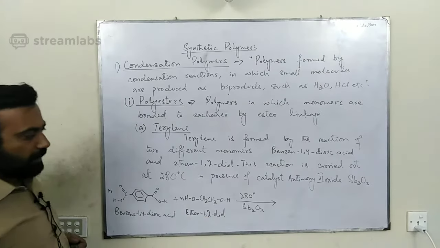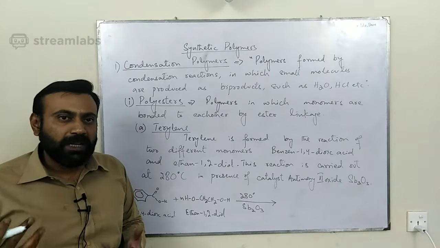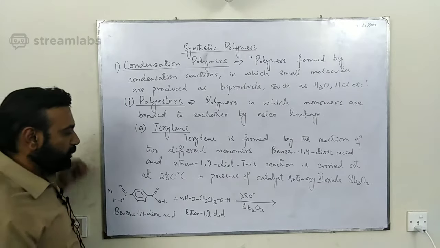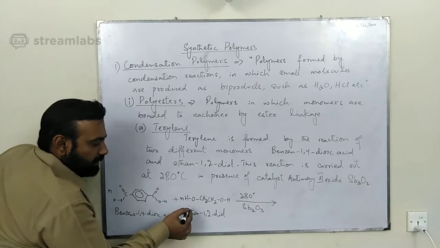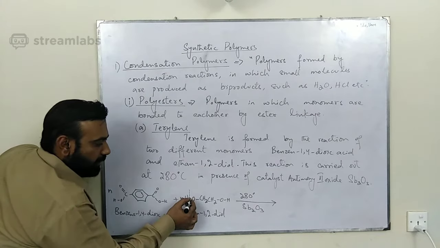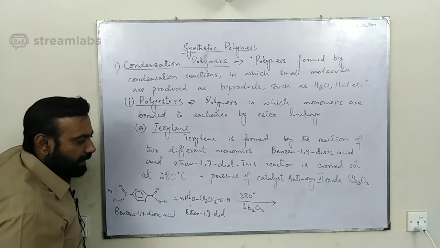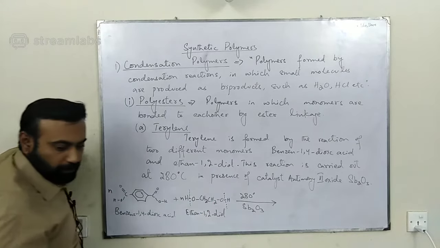Now this is a condensation reaction, and during a condensation reaction small molecules have to be removed, and those small molecules could be water in this case. In this case, the alcohol group from this ethane 1,2-diol will lose its hydrogen from each side because a polymer is being formed.